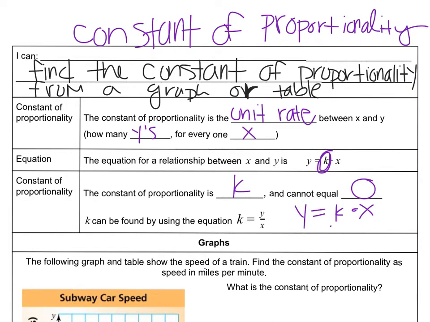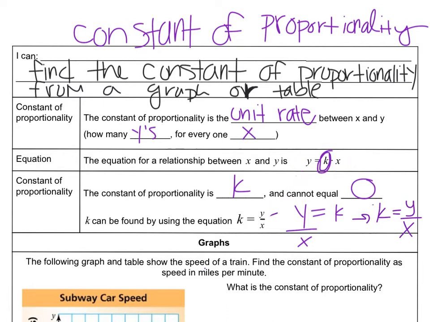So if I divide by x, that makes these x's go away, and then if I flip it, you get that k equals y divided by x. This equation is just being rearranged so that you have just the constant.